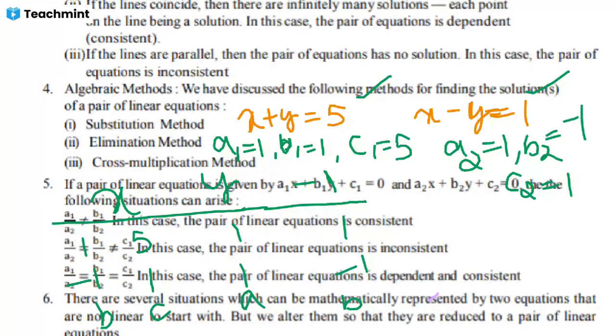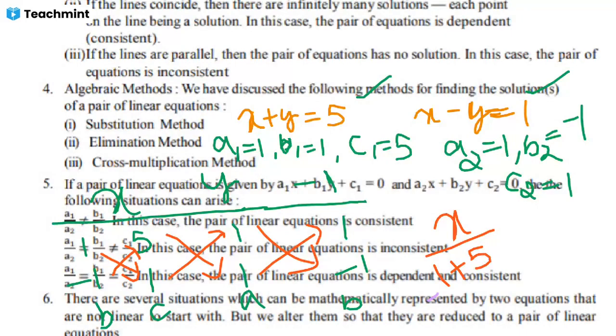Now you should simplify this. So how will you simplify this? Cross multiplication. You should cross multiply these two. And again, to get the y value, you should cross multiply these two. And to get x and y, you should just divide that. So what you get, 1 minus of minus 5. So this becomes plus 5.